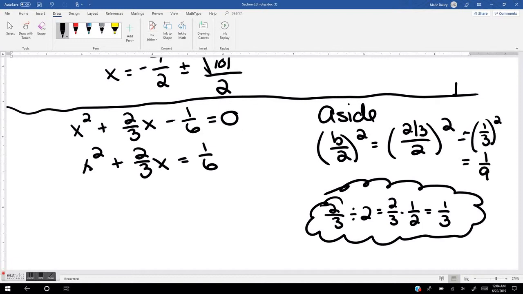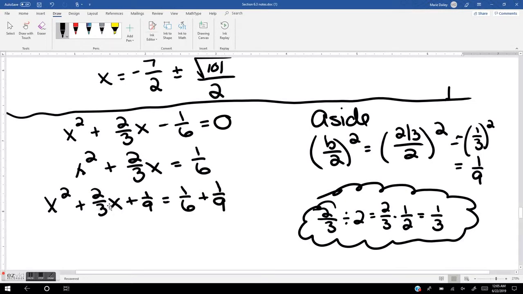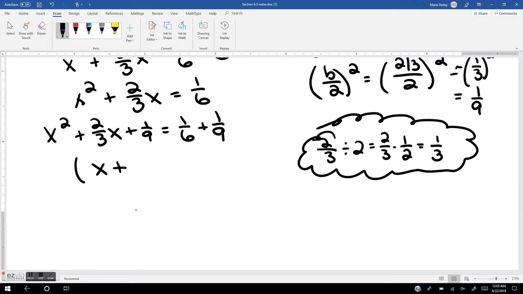So that looks good. We are going to add that 1/9 to both sides of the equation. Now, like we did in the last example, since we have that factoring, this is going to factor into x plus whatever my b over 2 was.